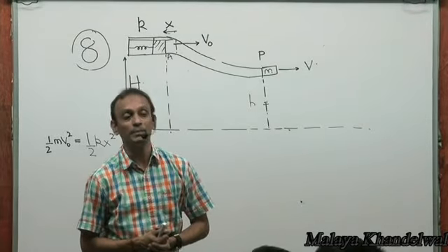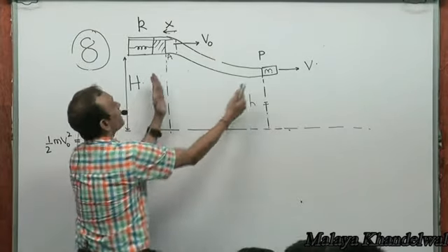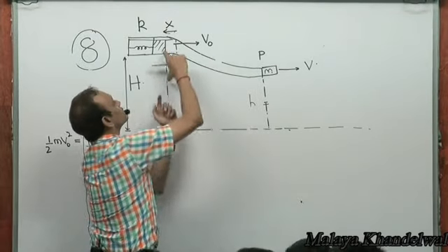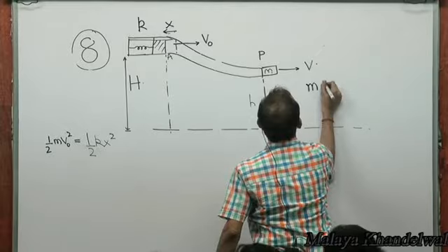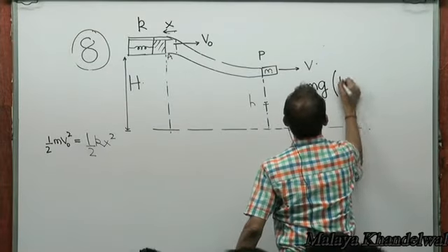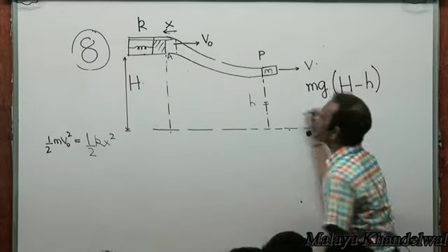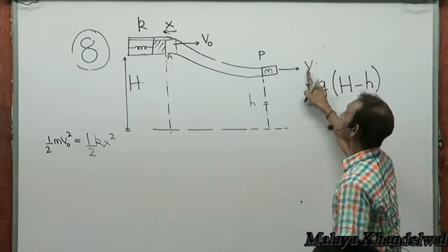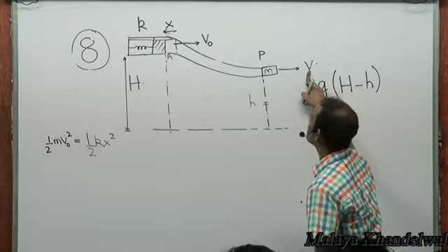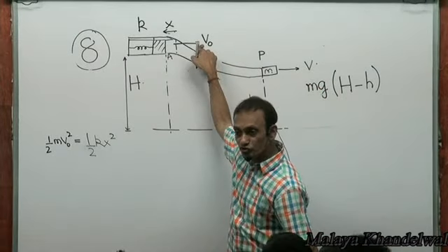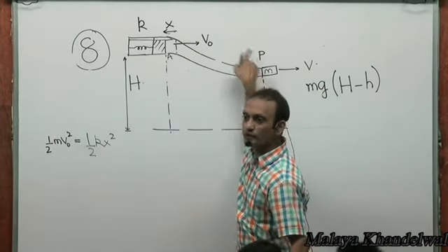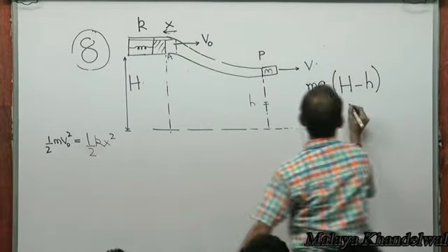The loss in elevation is capital H minus small h. So can I say mg into capital H minus small h? That's the work done by gravity. And that must be the change in kinetic energy, half m v squared minus v naught squared.